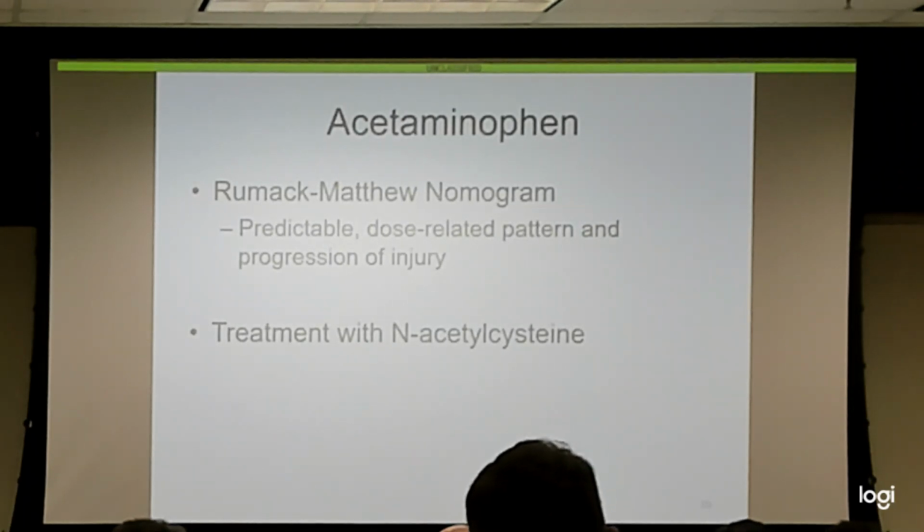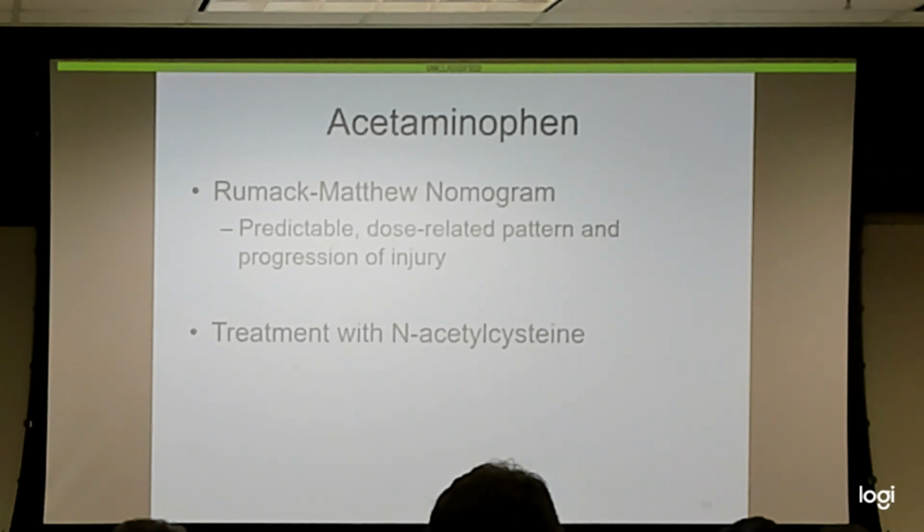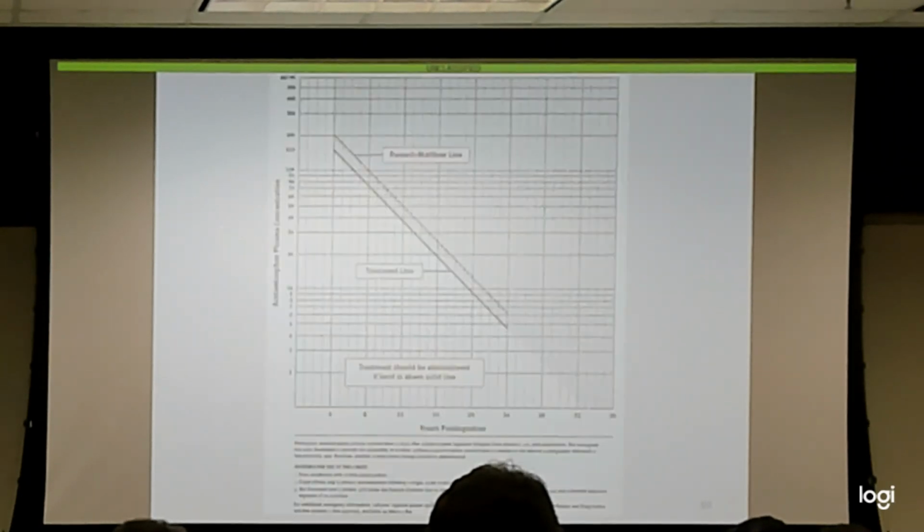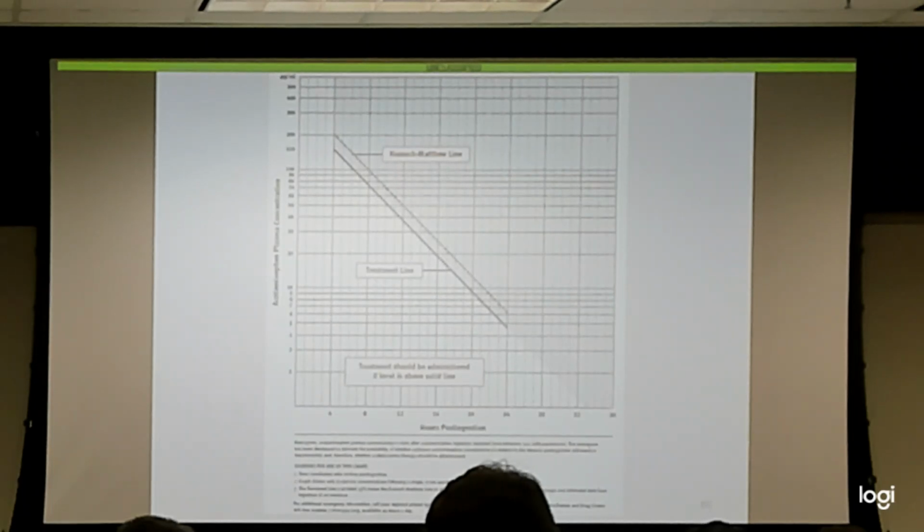And so you can use this nomogram. Have I ever used this nomogram? No. But in your ER rotation, or maybe in a PANCE test at some point, or one of your ER rotation tests, they might ask you what this is. And with Tylenol, you've got that latent effect.